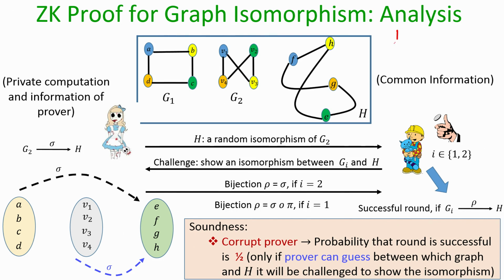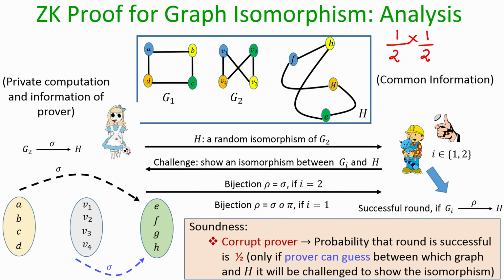The probability that she is successful in the first round is 1 over 2. The probability that she is successful in the second round is also 1 over 2, and remember the probability of getting successful in the second round is independent of the probability of getting successful in the first round, because in the second round also the challenge of Bob will be independent of the challenges that Bob has picked in the first round.